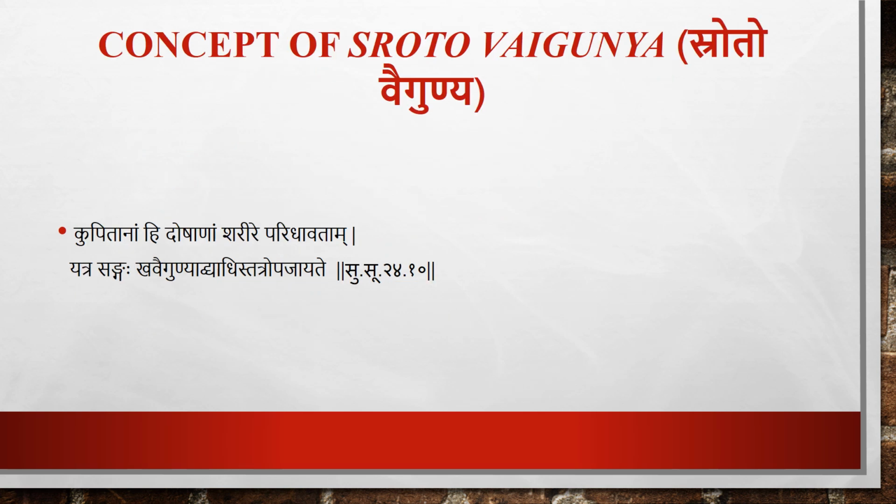Now, the concept of Sroto Vaigunya. When the vitiated doshas circulate throughout the body, wherever they encounter obstruction, sanga, due to defect or weakness, Khavaigunya, in the channels or tissues, disease manifests at the site.